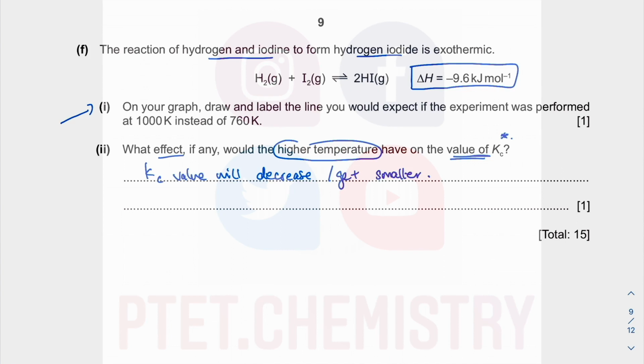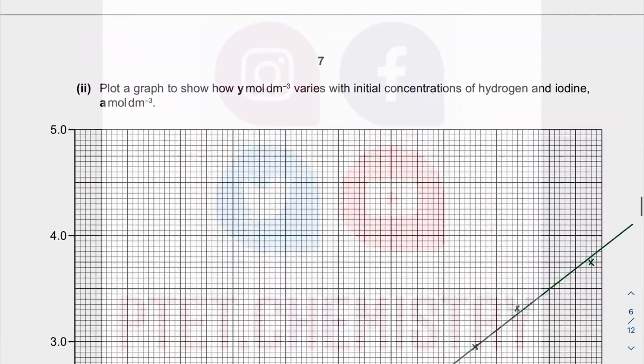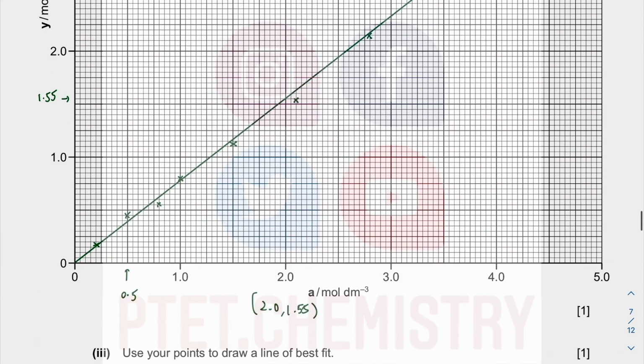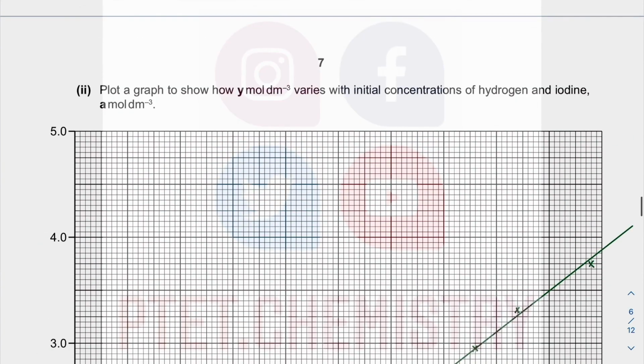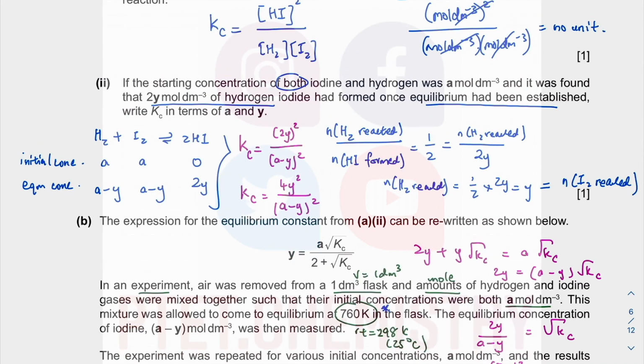Okay, so our graph, this is what happens. The equilibrium shifts that way at higher temperature. What does our graph show? Our graph shows y against a. And what was y against a? You have the starting concentration of A in mole per dm cubed, and then you produce 2y mole per dm cubed of HI.